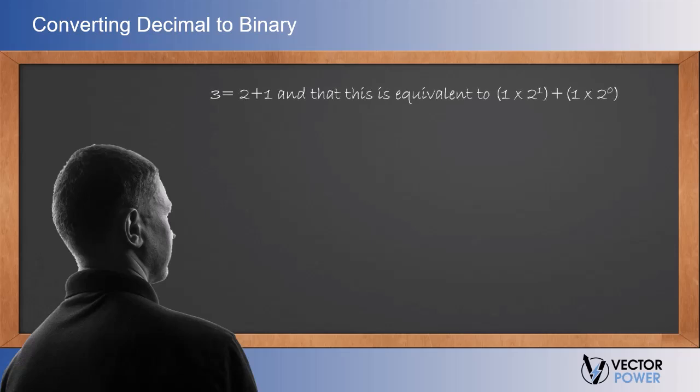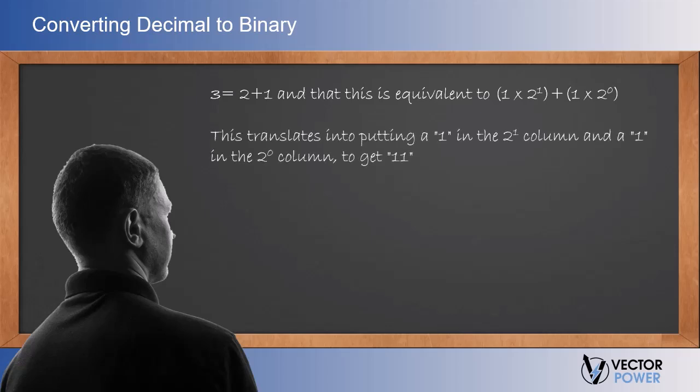We can easily see that the number 3 equals 2 plus 1, and that this is equivalent to 1 times 2 to the power of 1 plus 1 times 2 to the power of 0. This translates into putting a 1 in the 2 to the power of 1 column and a 1 in the 2 to the power of 0 column to get 1, 1.